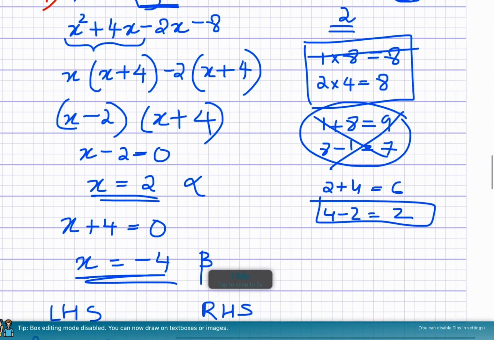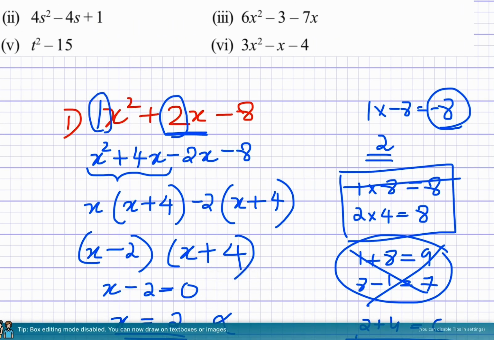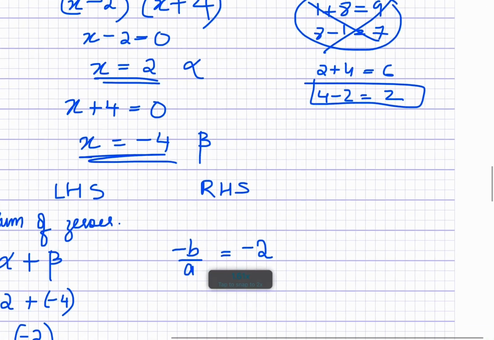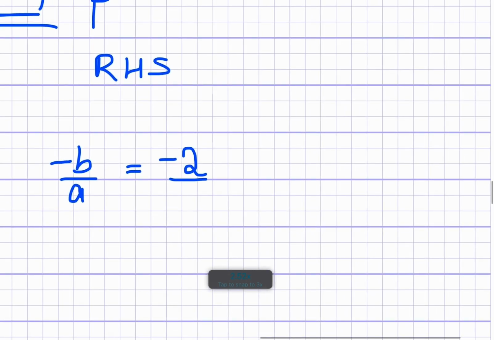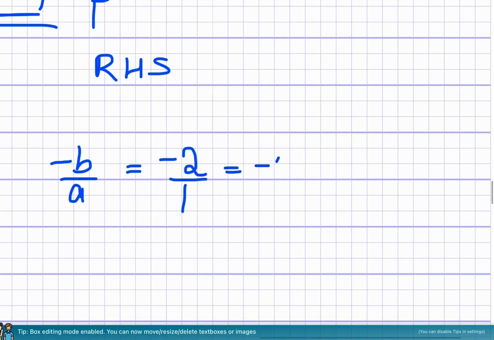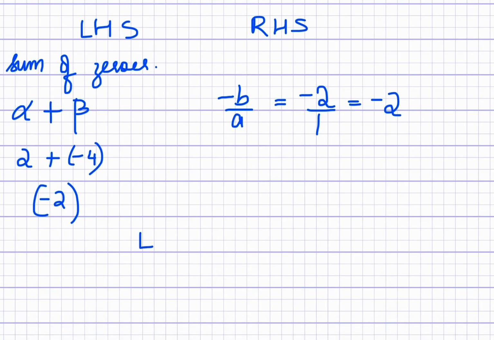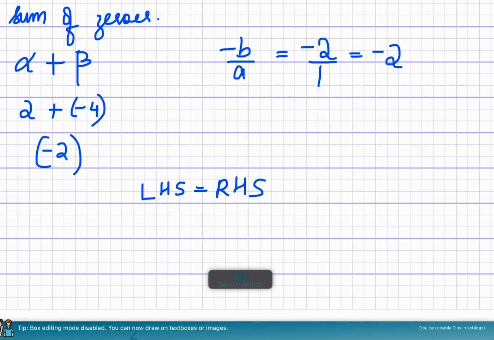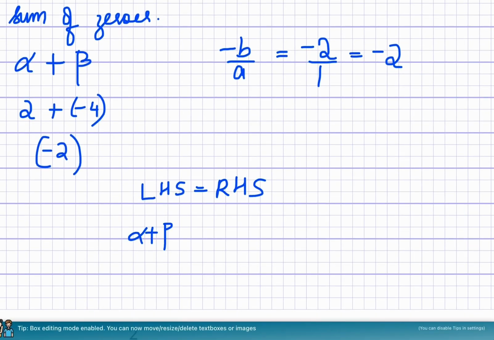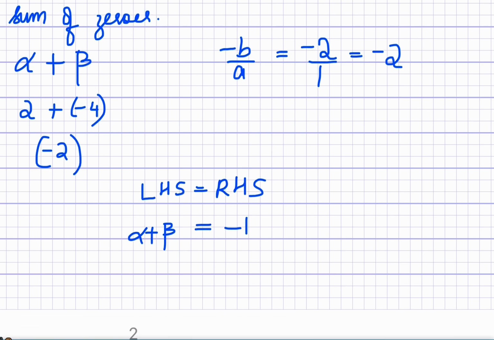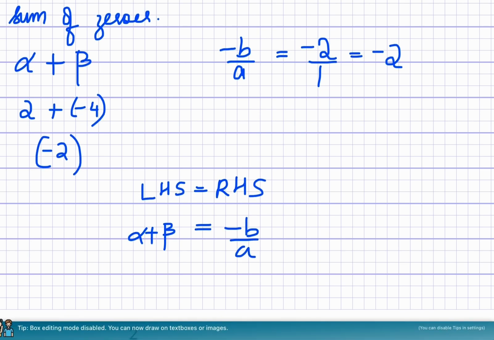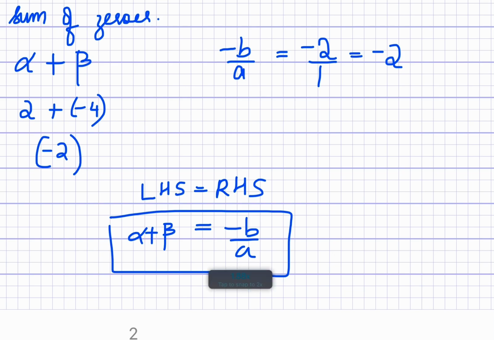And what is a? Look here, a is 1. So minus 2 by 1, which is equal to minus 2. Look, here LHS equals RHS. Hence our answer is verified. So alpha plus beta is equal to minus b by a, hence proved.